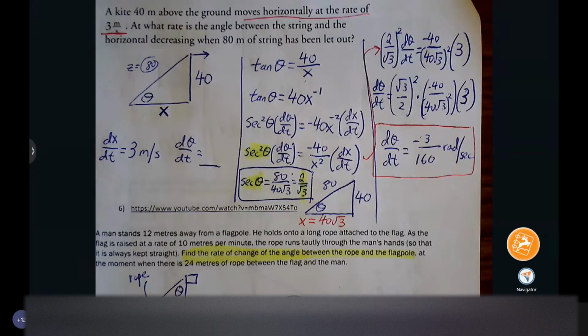Even though that's pretty ugly, once you get it into secant squared theta, the radical will go away. And if you square that, bring it over, it should clean up nicely. We still get negative 3 over 160.